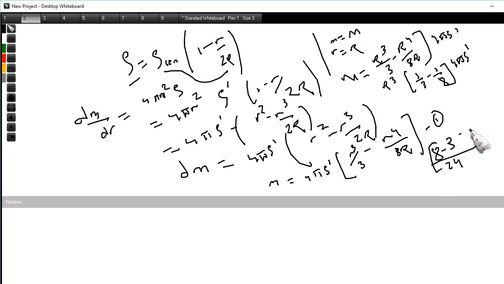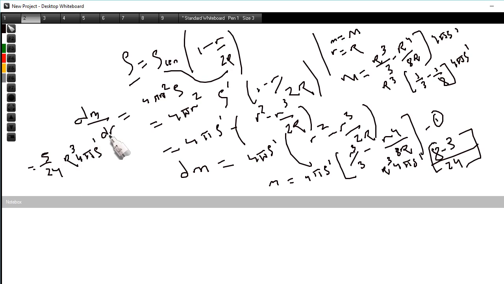Okay, so that is 5 by 24 and r cube 4 pi rho dash. So it will be equivalent to 5 by 24 r cube 4 pi rho dash.